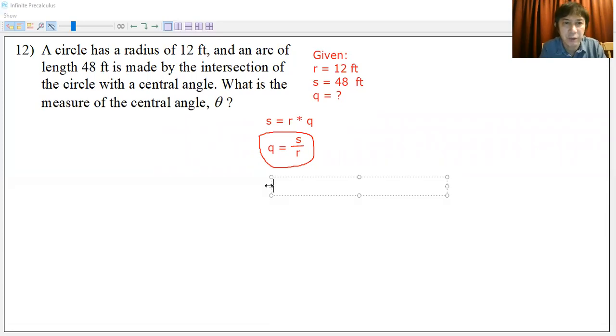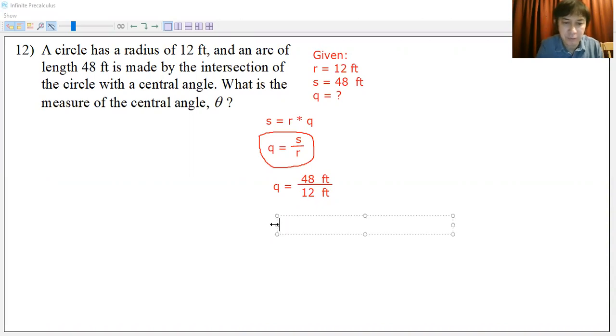This is for the central angle Q, and we shall use S, that's 48 feet, divided by the radius, which is 12 feet. Very simple. So this will now be, of course, 48 over 12, which is just 4.